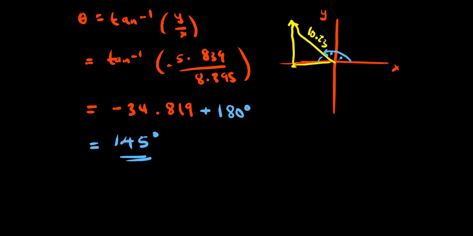So I'll write down the x and y components here. The x components that we had found were negative 27.189 for A, and for B, the component is 18.794.